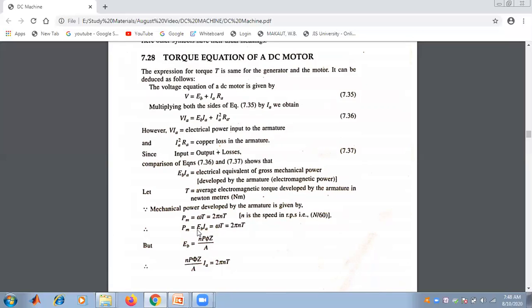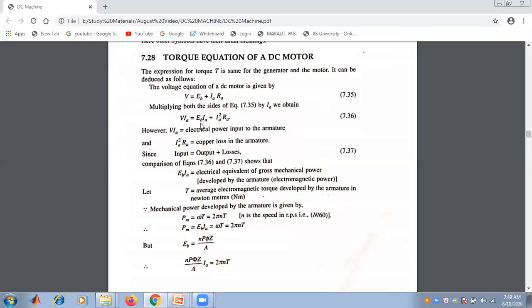So 2 pi n into T. This is the mechanical power, the electrical equivalent of gross mechanical power, Eb Ia, and this is the copper loss in the armature. So input equals output plus losses.